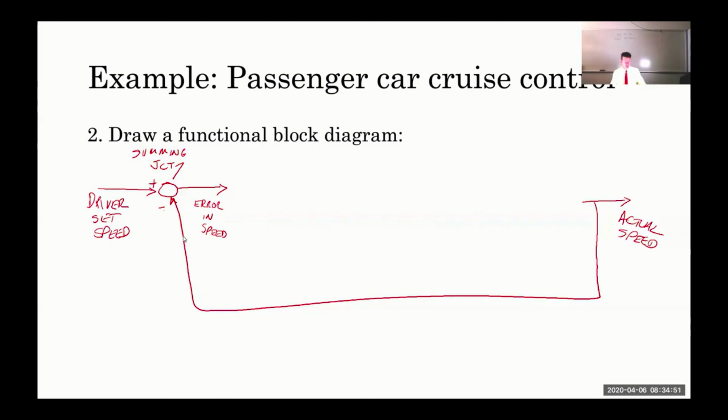If that quantity, just in very broad strokes, is positive, then the car's going too slow, which means we need to tell the engine do something positive. If the error signal is negative, that means the actual speed exceeds the desired speed and we're going too fast. That means the engine now has to do negative work or take in speed or whatever you like.